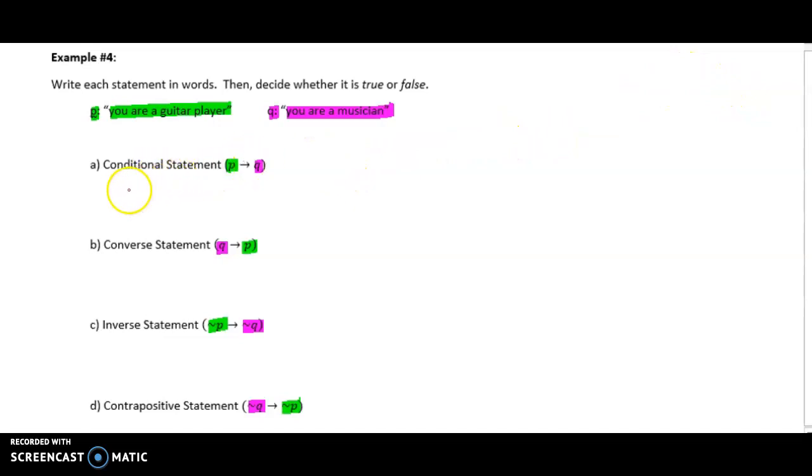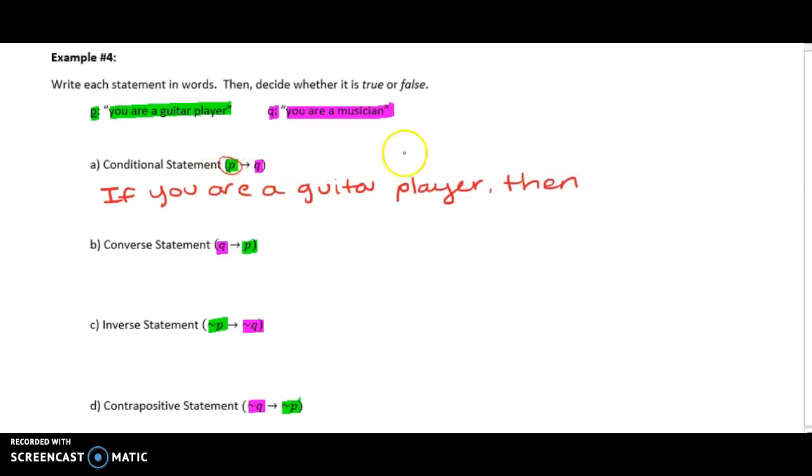Okay, so conditional statement. If, well, P is my hypothesis. P is if you are a guitar player, comma, then my Q, you are a musician.